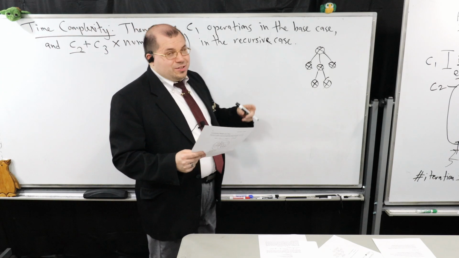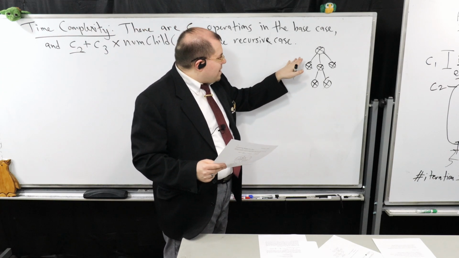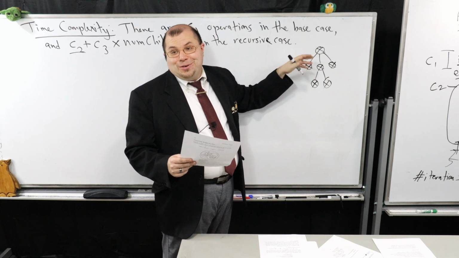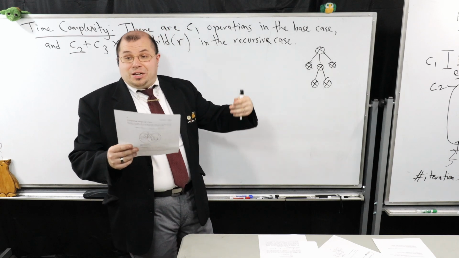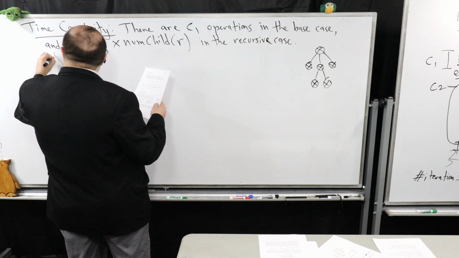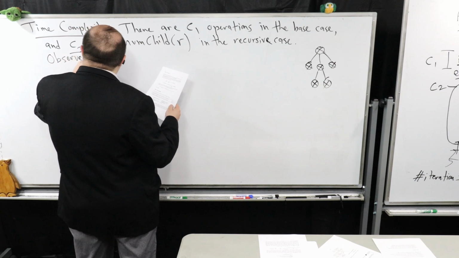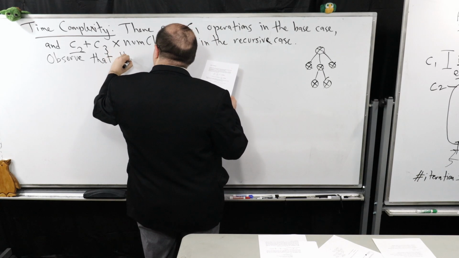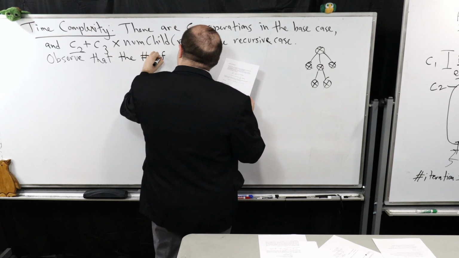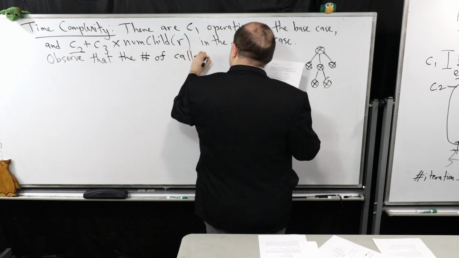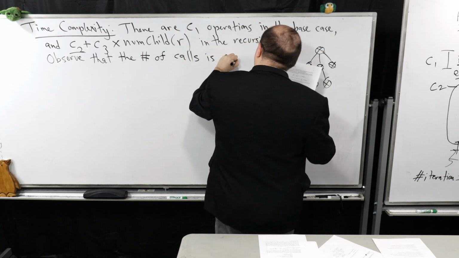So technically, the total number of recursive calls is n minus 1. But remember, I still have to call the function at the beginning from the root, right? So it's really just 1 per node. So observe that the number of calls, and I mean this as in function calls, is 1 per node.